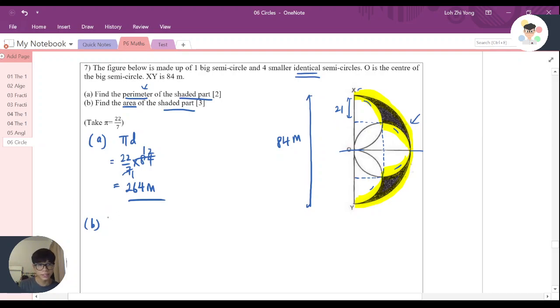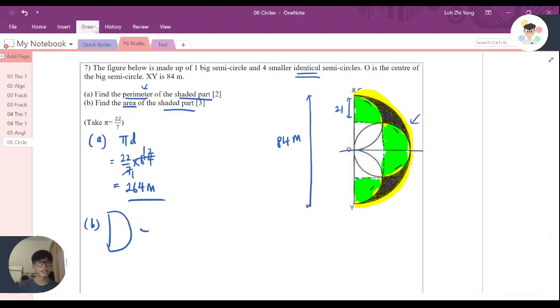I know that basically I have this big semicircle here, and you notice that actually I have 4 quarter circles, 1, 2, 3, 4. Can you see that I have 4 quarter circles?